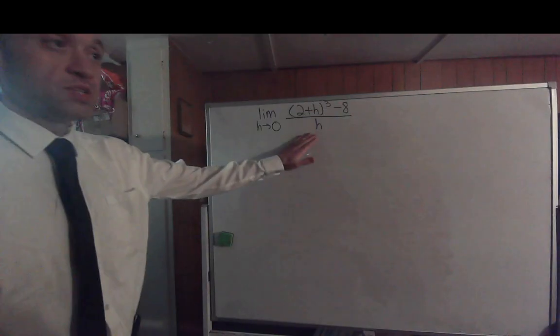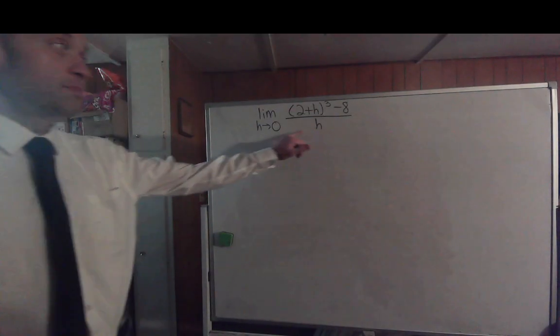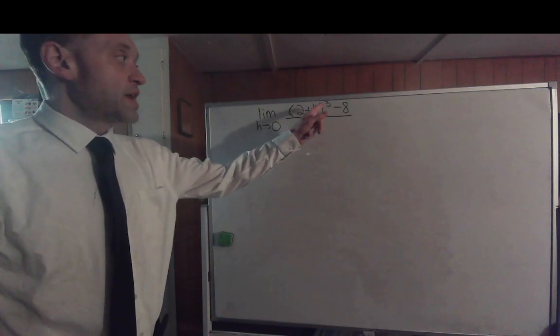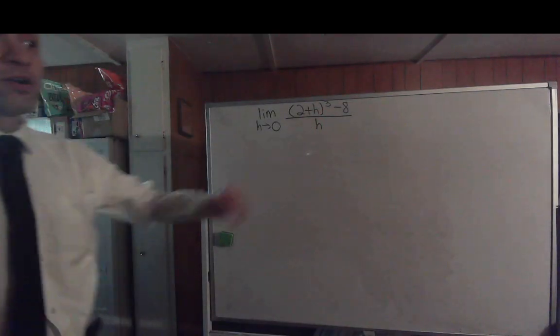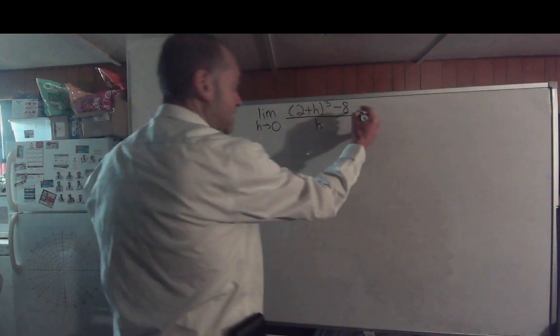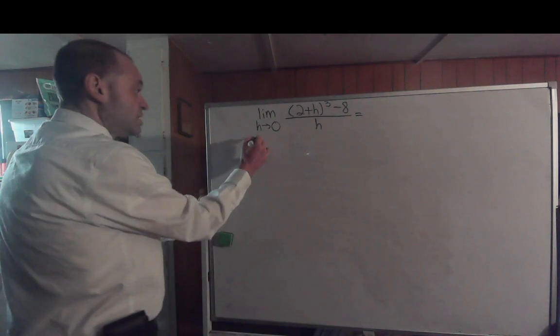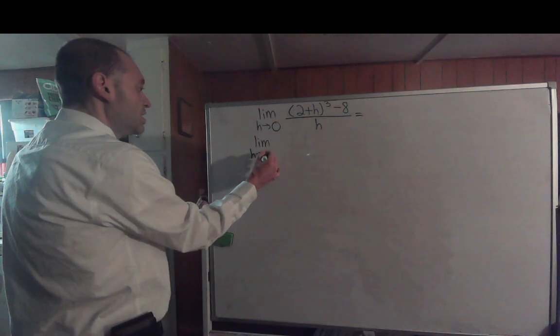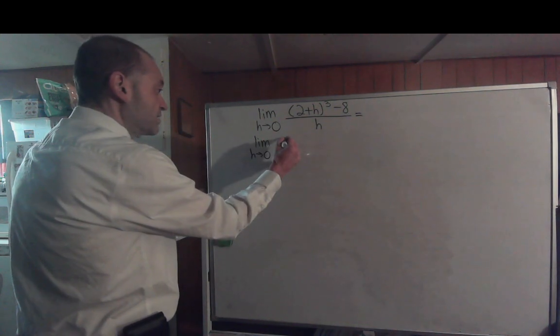Again, direct substitution isn't going to work. You'll get a denominator of 0. So we need to expand out that binomial in the numerator in order to be able to have any hope of factoring.